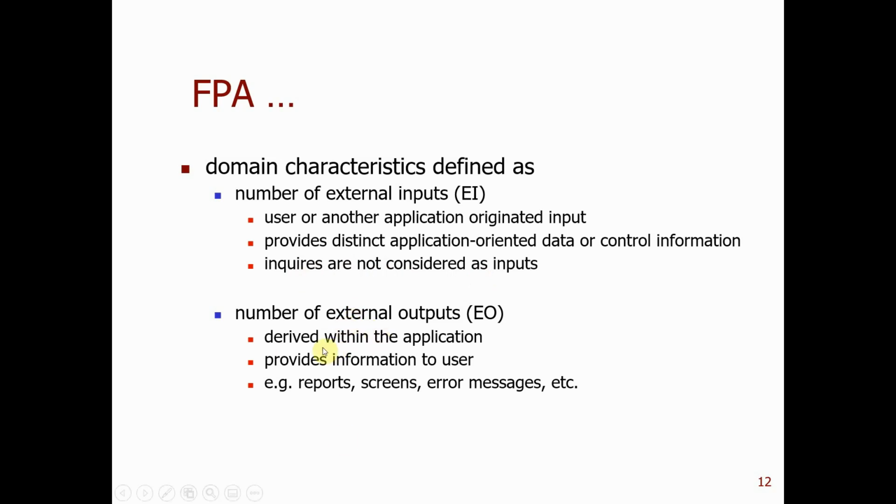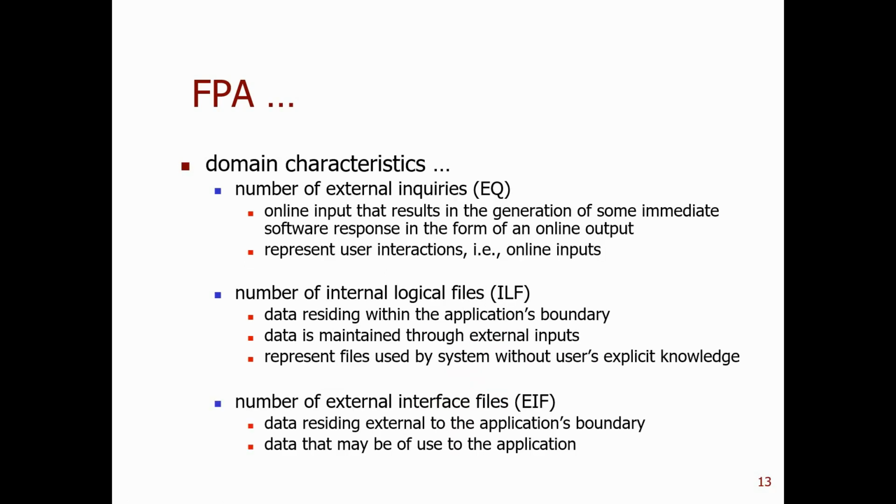External output is derived from the application and provides information to the user, like a report, a screen, or any error message displayed as feedback to the user. That is considered external output.